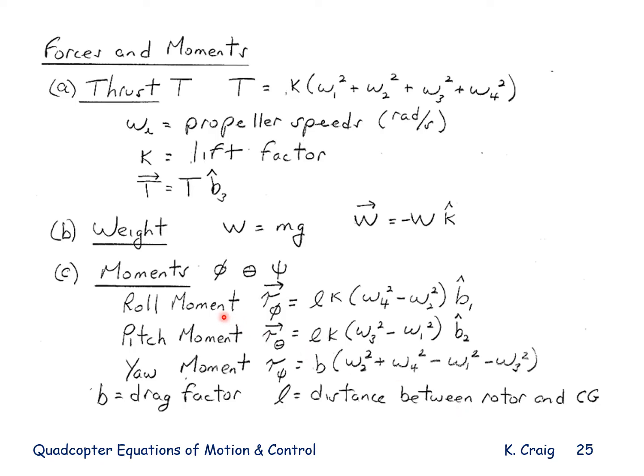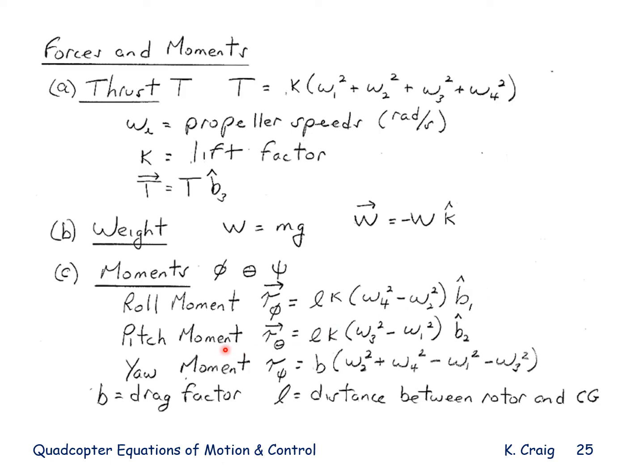The roll moment, tau phi, a vector, is equal to the length L times K, the lift factor, times the difference in the squares of the speeds of motor 4 and motor 2. And the unit vector is the B1 hat unit vector, part of the body fixed reference frame.